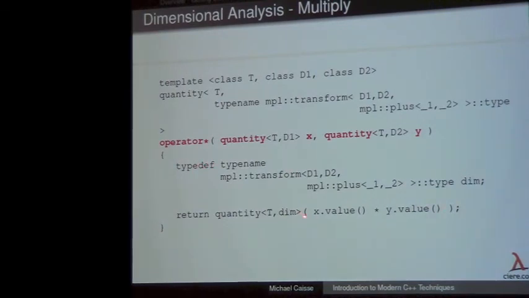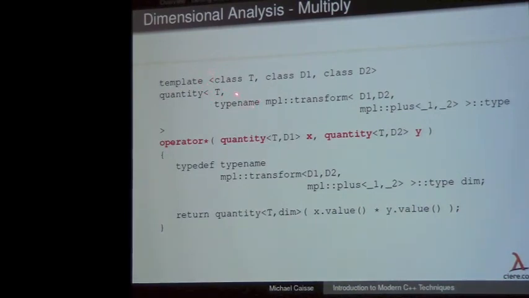Let's just go down here for a moment. The value is simply value times value, right? The dimension portion, we need to add them together. So how are we going to do that? Well, that's weird. Luckily for us, MPL has all this cool stuff already built in. So our return type, first of all, is just going to be the same type that we're storing, int, double, whatever.